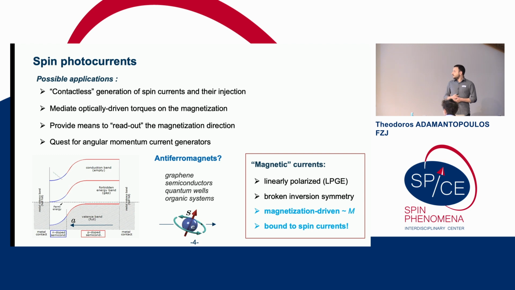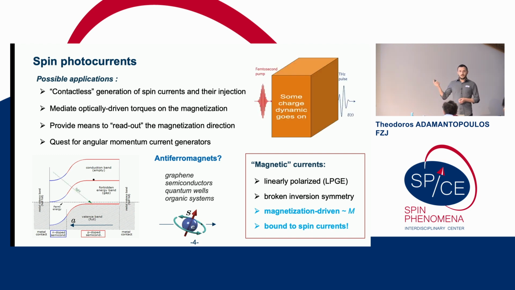One other type of current is what I will call the magnetic currents. These appear from linearly polarized light in an effect which is called the linear photogalvanic effect in materials with broken inversion symmetry. These are magnetic currents because they are driven from the magnetization and they are odd in it, and they are also bound to spin currents.